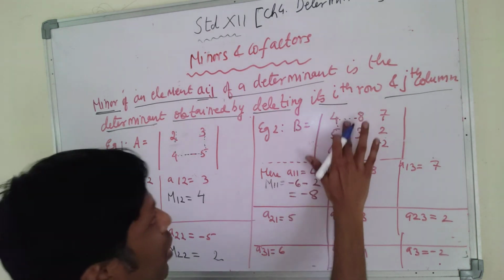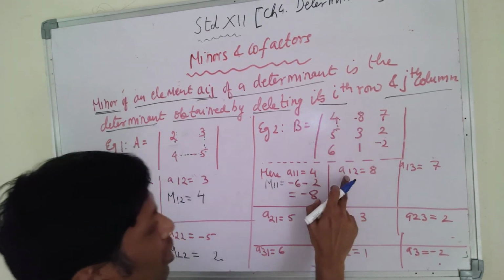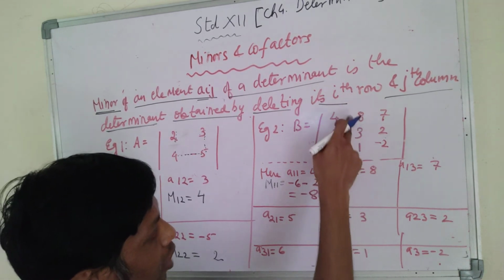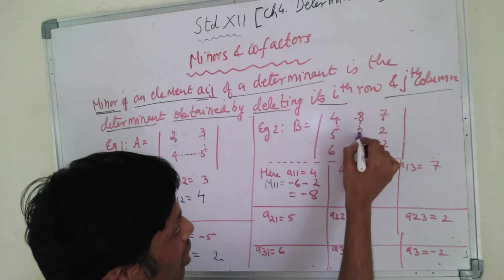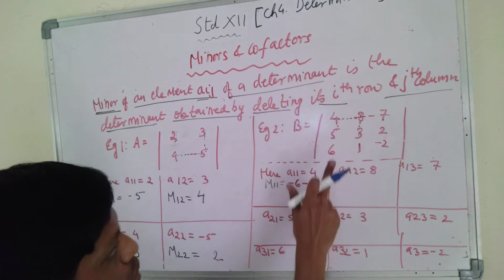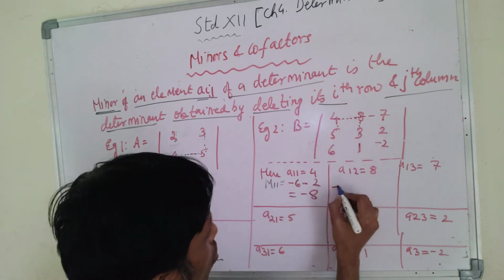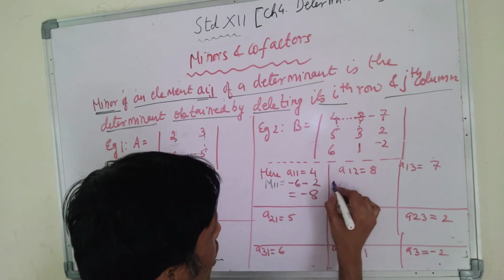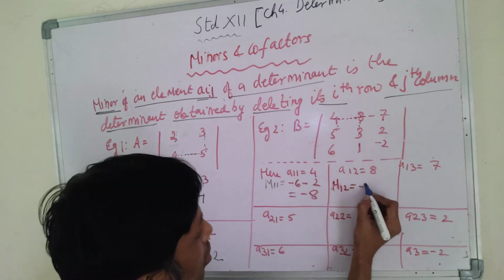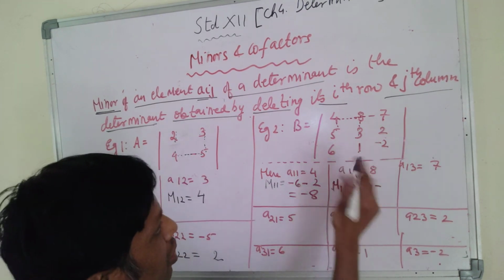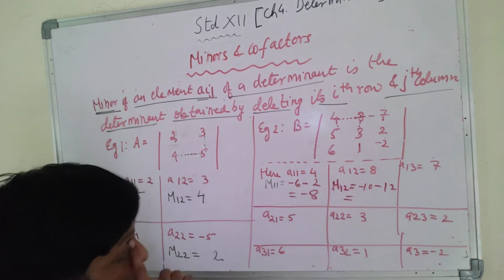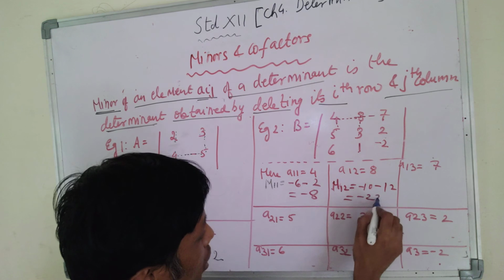Let us talk about 8. You are supposed to find the minor for the element 8, which is in the first row and second column. So hide the second column and the first row. This is M12. 5 into minus 2 is minus 10, minus 6 twos are 12. So minus 10 minus 12 gives me minus 22.